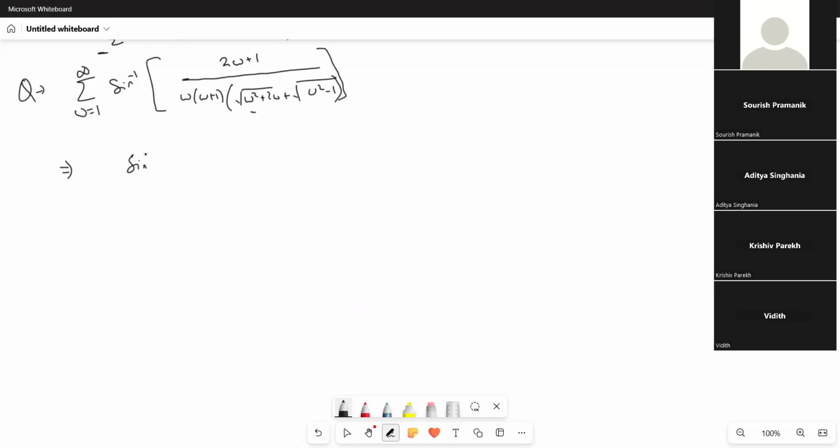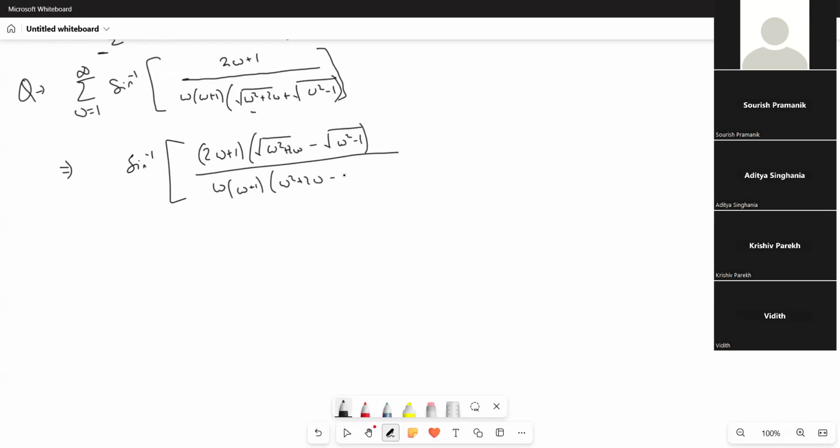So we'll have sin inverse of 2 omega plus 1 into root over of omega square plus 2 omega minus root over of omega square minus 1 whole divided by omega into omega plus 1. और इसको जब रैशनलाइज करेंगे तो विल हैव ओमेगा स्क्वायर प्लस 2 ओमेगा माइनस ऑफ ओमेगा स्क्वायर माइनस 1. तो ओमेगा स्क्वायर यहाँ कट जाएगा एंड 2 ओमेगा प्लस 1, 2 ओमेगा प्लस 1 यहाँ कट जाएगा.